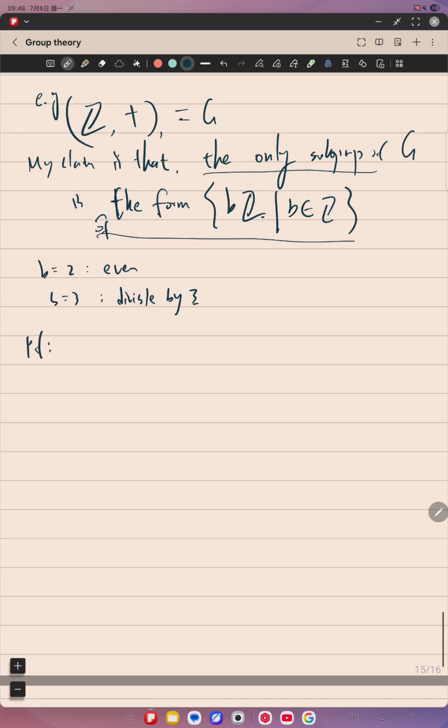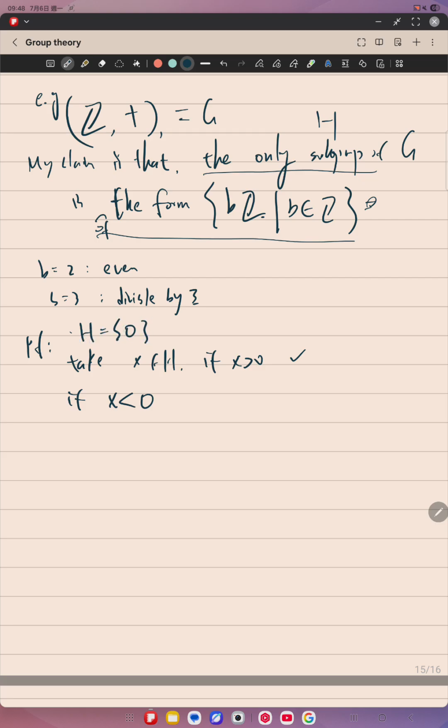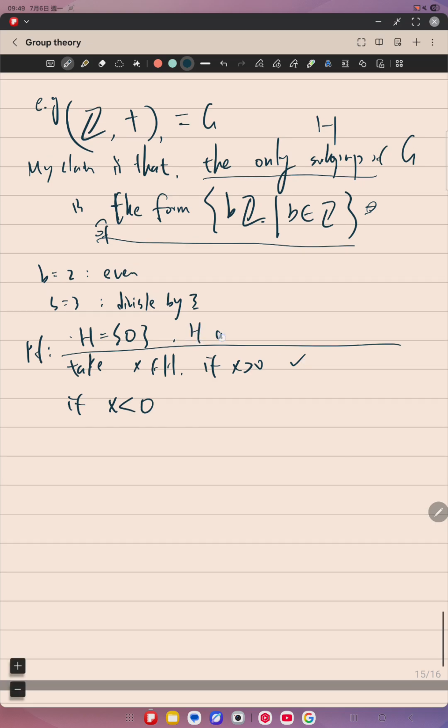So, proof. This is really interesting. Let's call the subgroup H. If H only has the single element 0, then it's fine, so we can further assume that H contains a nonzero number.